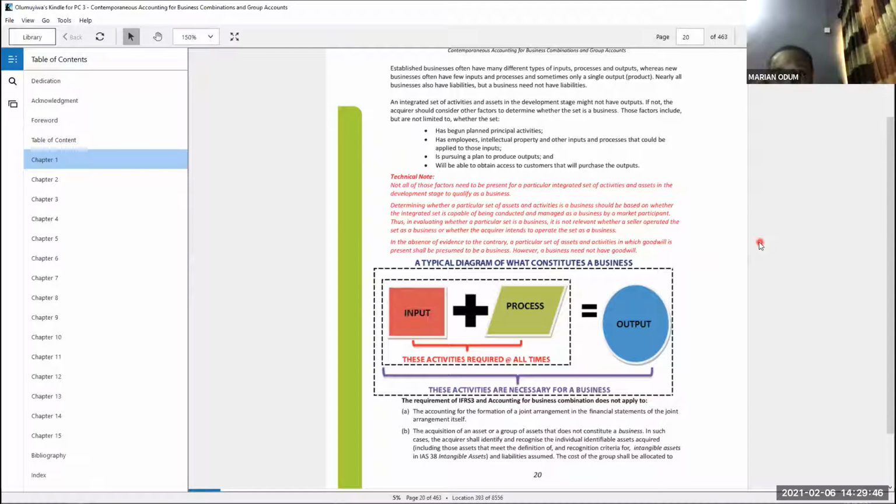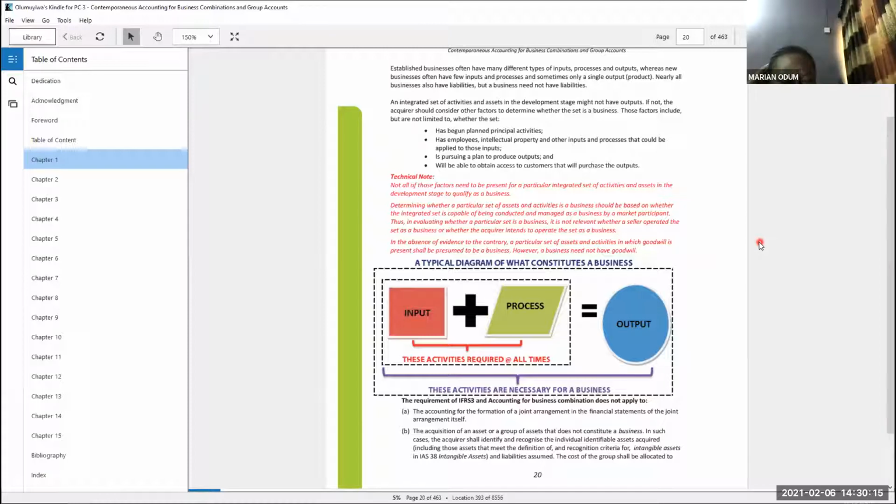Here is a typical diagram of what constitutes a business: input plus process equals output. These activities are necessary for a business. The requirements of IFRS 3 on accounting for business combinations do not apply to: 1. The accounting for the formation of a joint arrangement in the financial statements of the joint arrangement itself. 2.